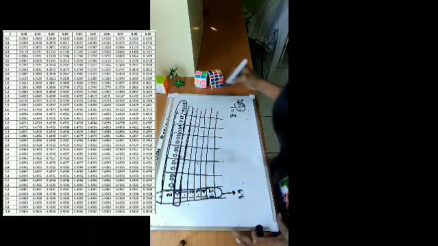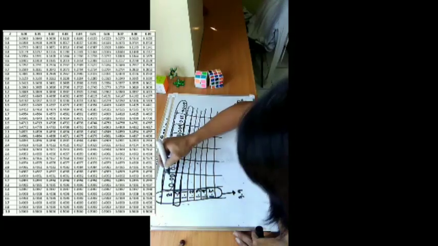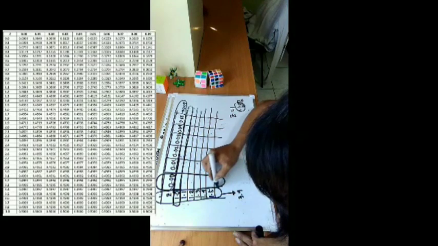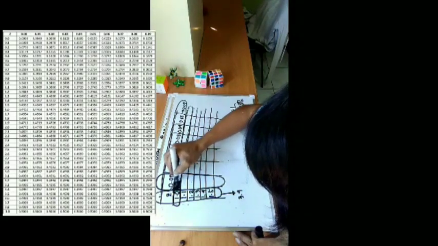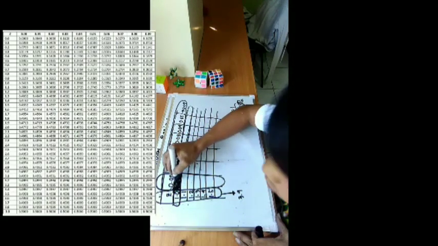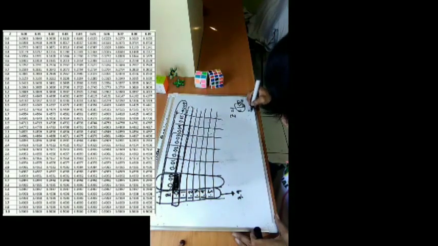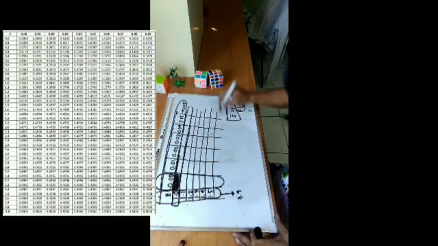And then the last digit is here. Therefore, whatever the number here is the area of z equals 1.